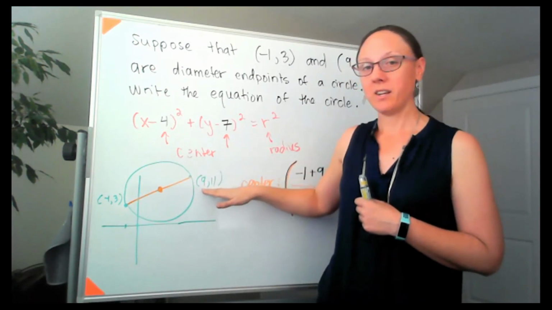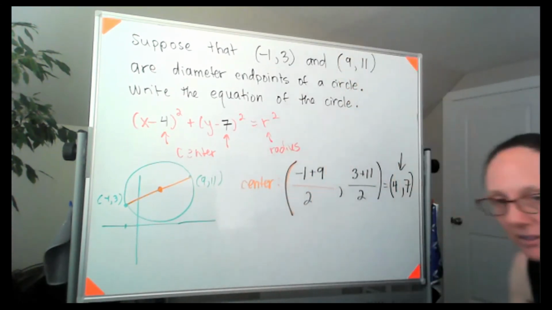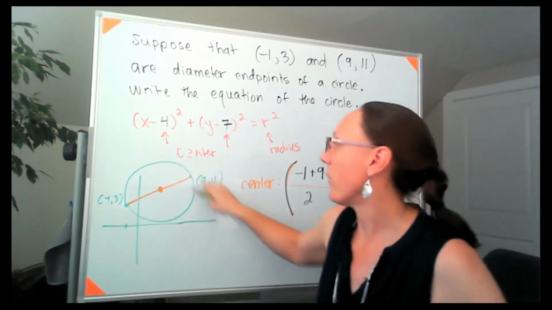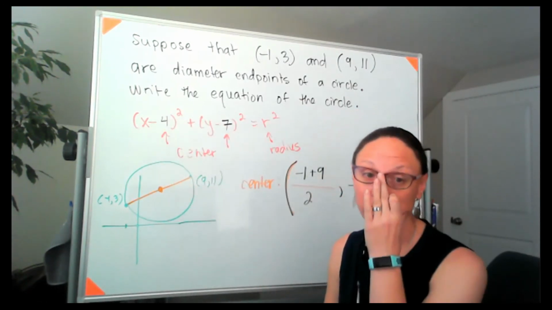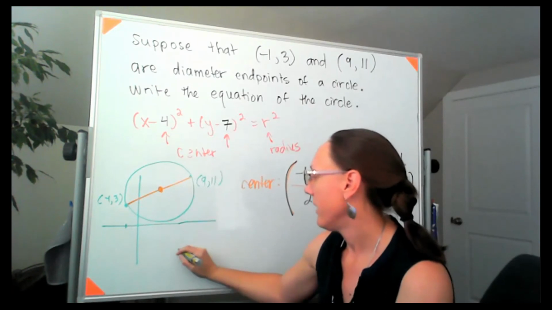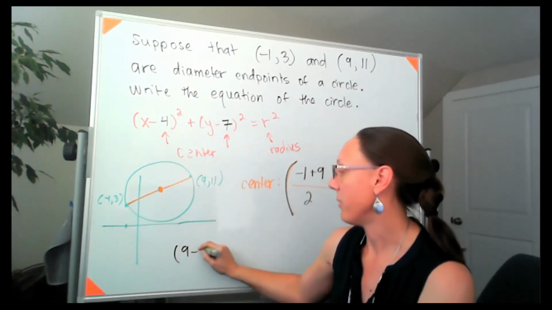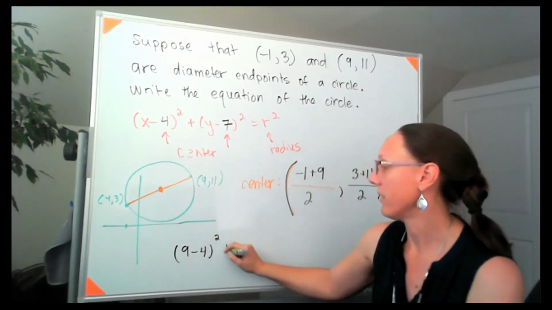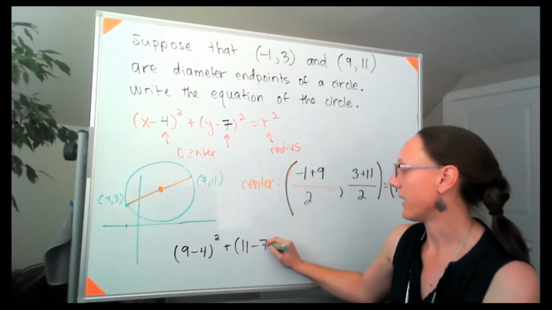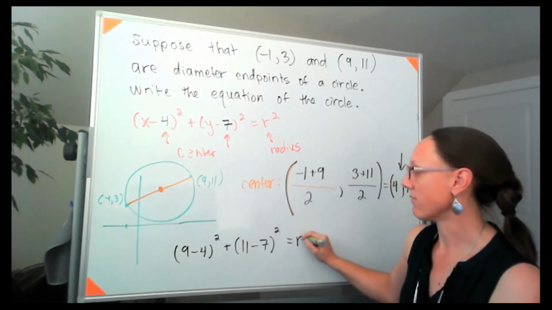So that point (9, 11), if I go ahead and plug that into our circle, then that's going to look like (9 - 4)^2 + (11 - 7)^2 = r^2.